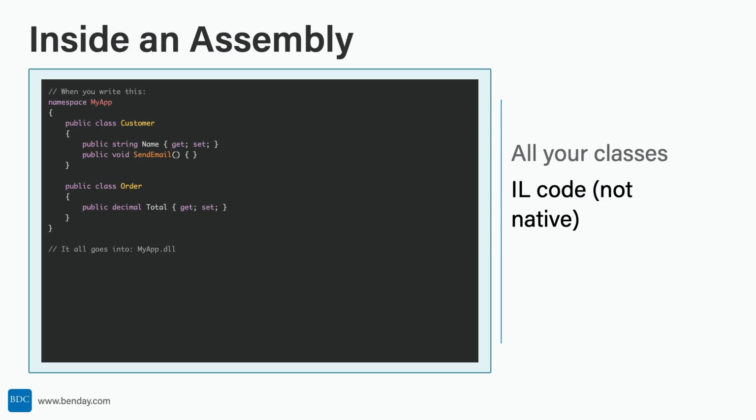Instead, it compiles to something called intermediate language, which is also known as IL. It's like a universal assembly language for .NET that gets converted to real machine code when your program runs. This has a lot to do with allowing .NET to run across multiple operating systems. The assembly knows about every type, every method, every property.